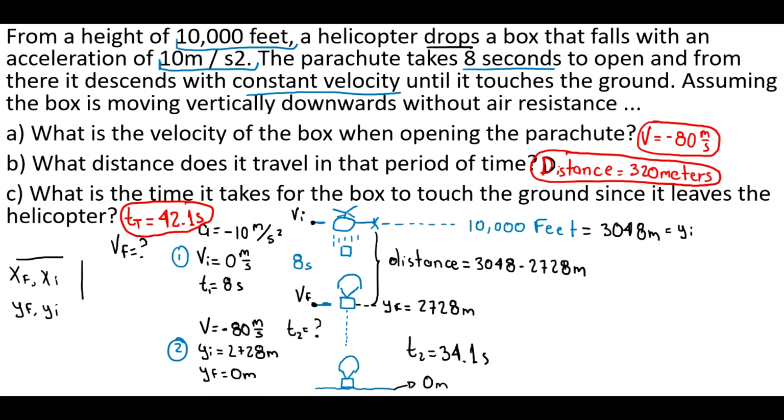Well guys, I hope I made myself clear explaining this problem. You need to separate this problem into 2 sections, segment number 1 and segment number 2. And this is a very good problem. I mean, you got acceleration and you got constant velocity. And I changed the letters.